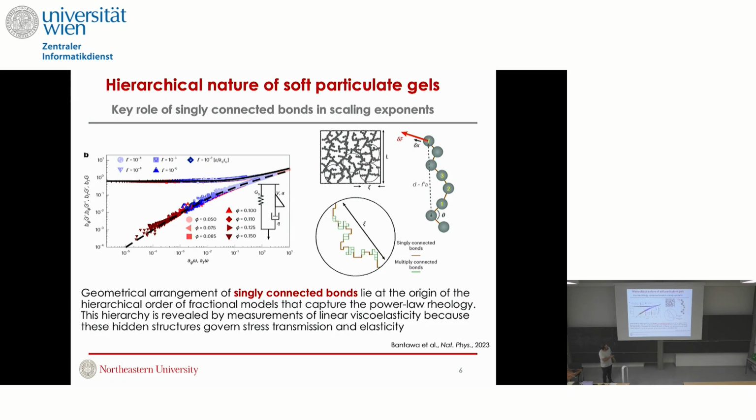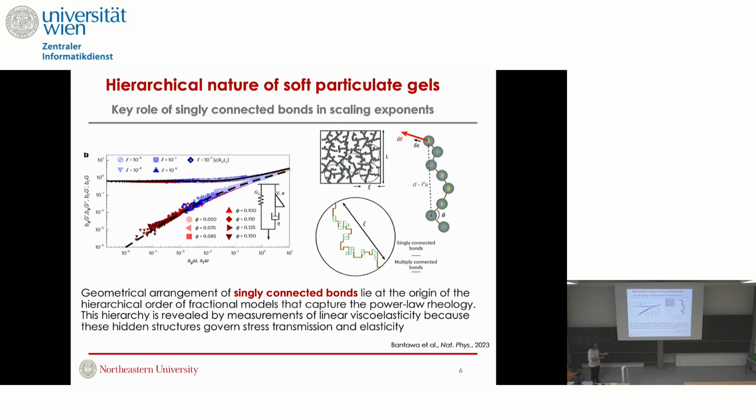So you can see this picture. These red guys are what they call singly connected bonds, where basically within the structure of the network, what are the components that are only connected through one bond? So if I break this bond, I've broken the network within that cluster.